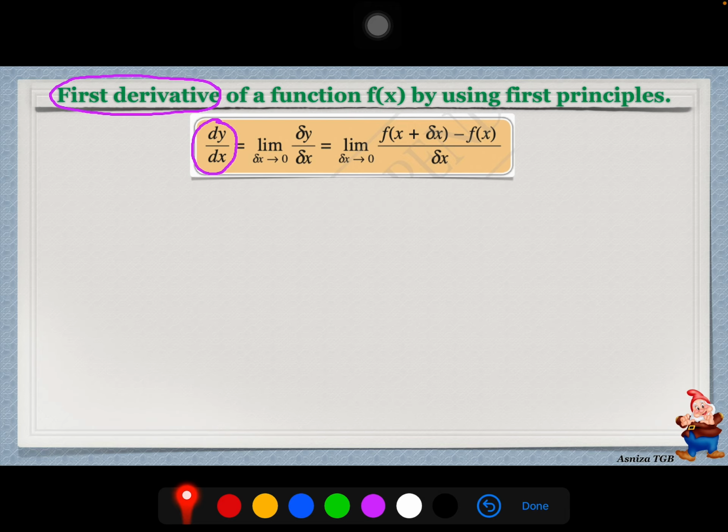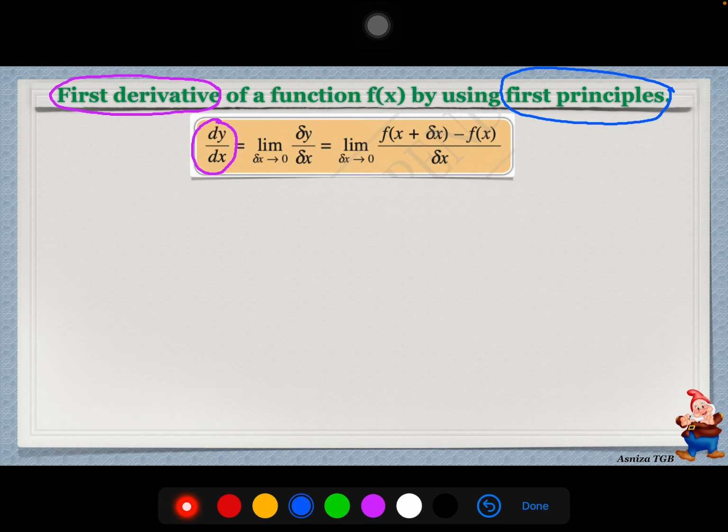So we have to run the process of differentiation. Here we need to find, or define, the first derivative of a function f(x) by using first principles.